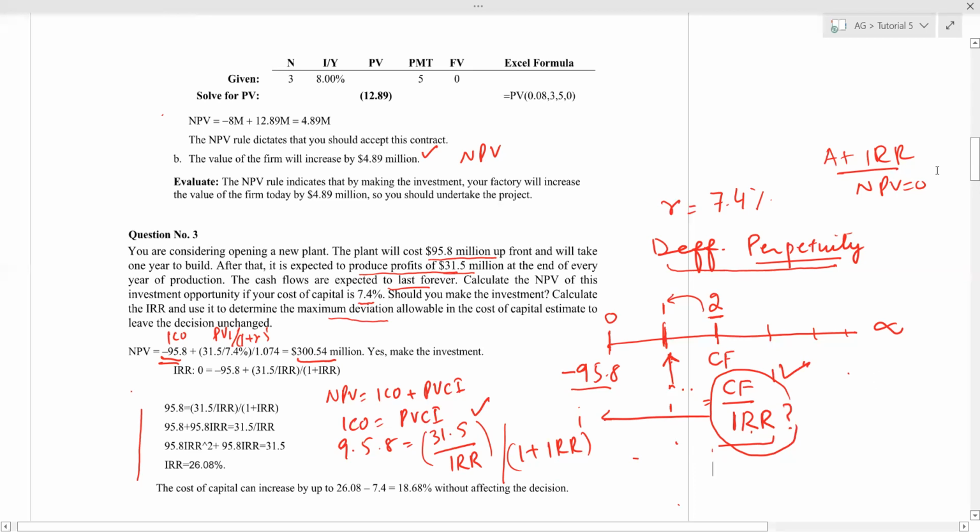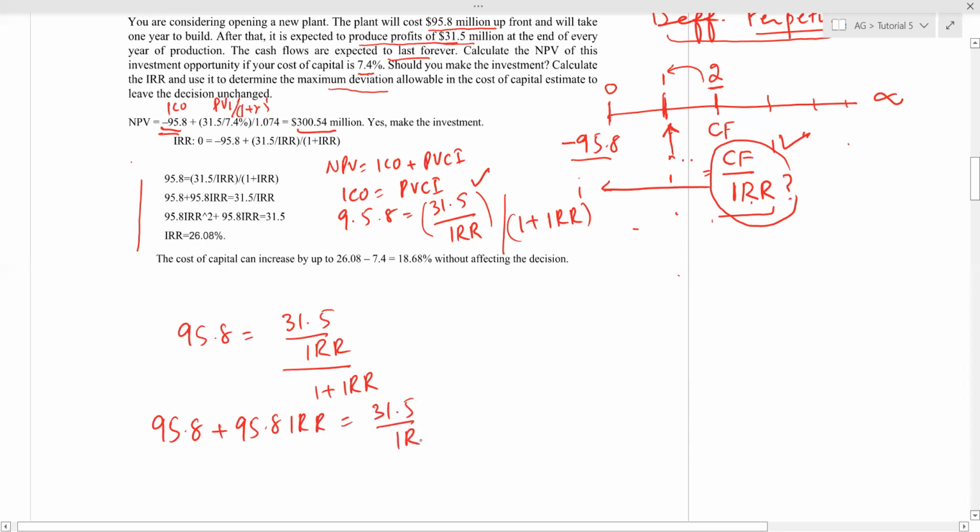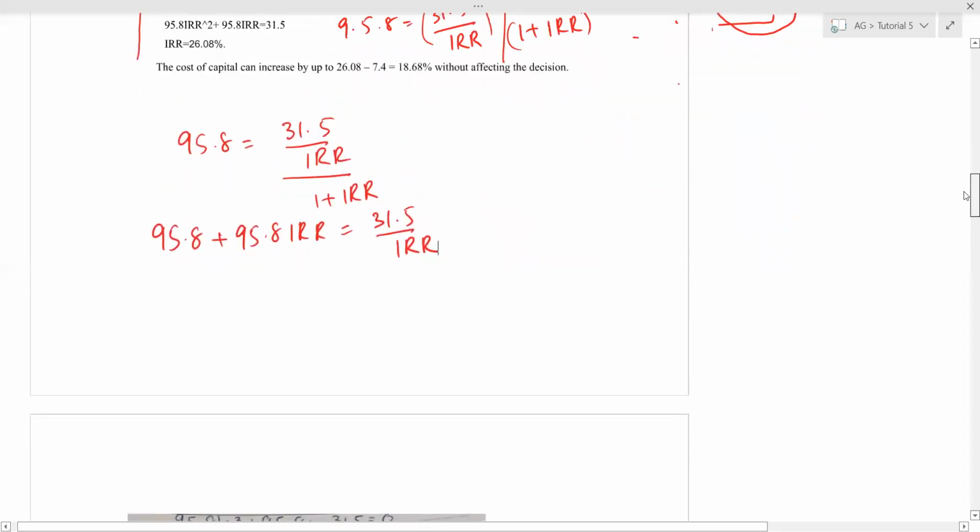Okay, if you adjust this formula, it will be 95.8 is equal to 31.5 divided by IRR, divided by 1 plus IRR. So we need to calculate IRR, so it will be 95.8 plus 95.8 IRR is equal to 31.5 divided by IRR. Again we need to use another adjustment.